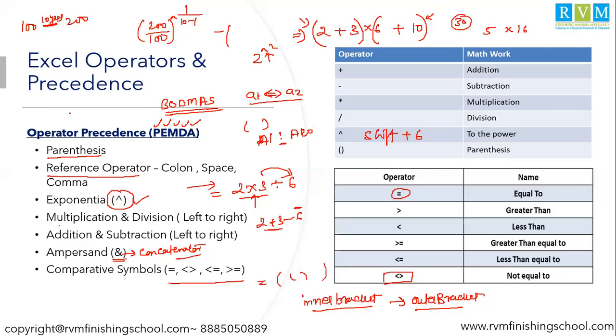This is how Excel will work on the parentheses. Parentheses will play a very important role as we go forward. Remember this PEMDA. It is more like BODMAS, but in Excel we call it PEMDA.